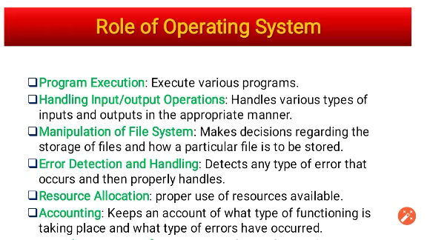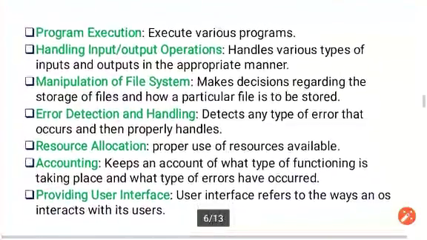It helps to handle different types of input and output devices properly in an appropriate manner. Then manipulation of file system. It helps to take proper decisions regarding the storage of files and how a particular file should be saved.